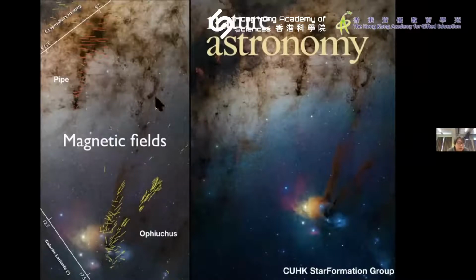Probably not many of us have seen the aurora or the northern light, but probably more of us know how the northern light or aurora is formed. It is actually formed by the Earth's magnetic field guiding the solar wind to the northern and southern polar regions.